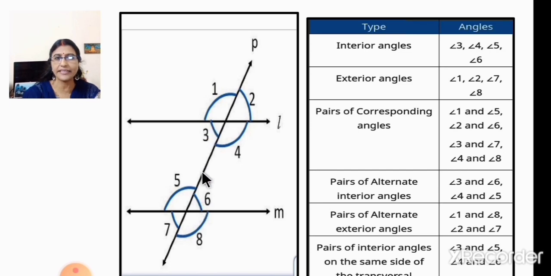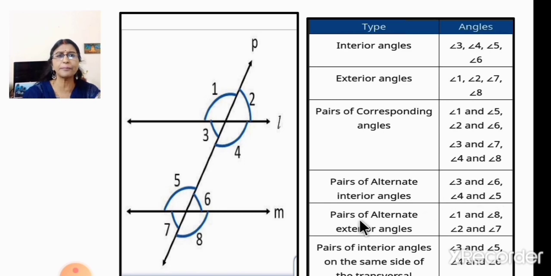Angle 3 is on this side, angle 6 is on right side. So they are alternate interior angles. First of all, they are interior and then they are alternate. Same way, if we take angle 4 and angle 5, you can see angle 4 is on right side, it is on the interior side, and this is on the left side. So they are alternate interior angles.